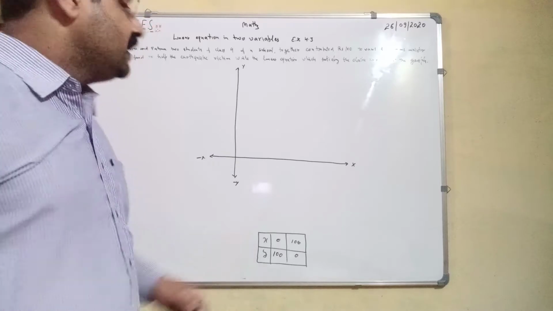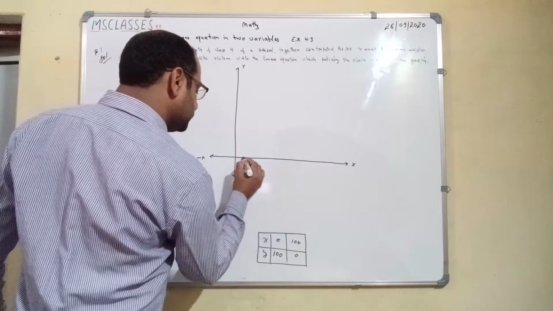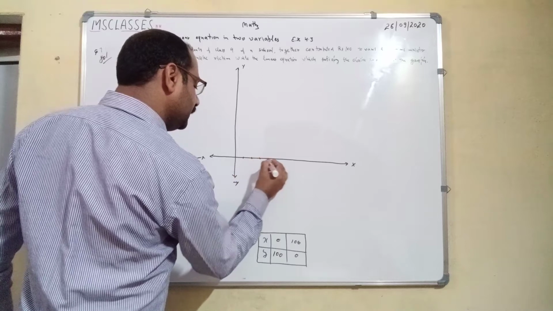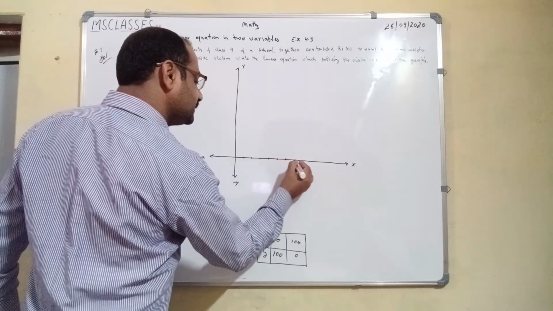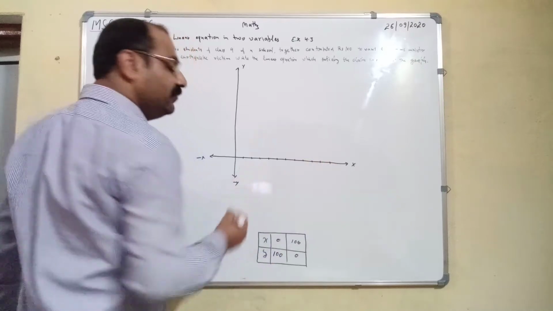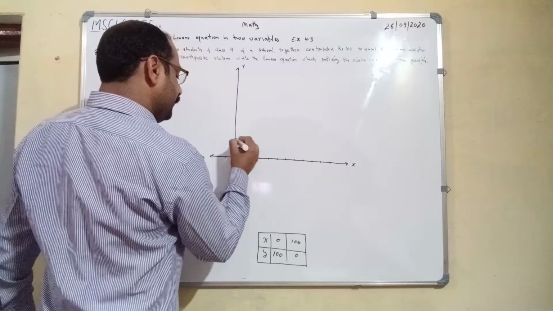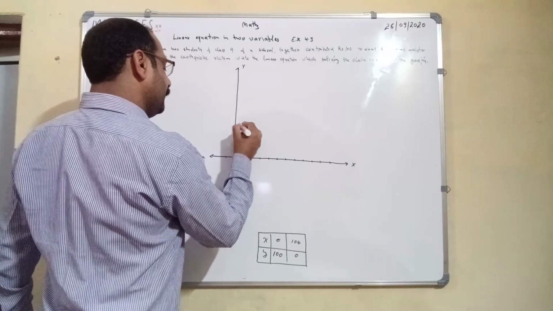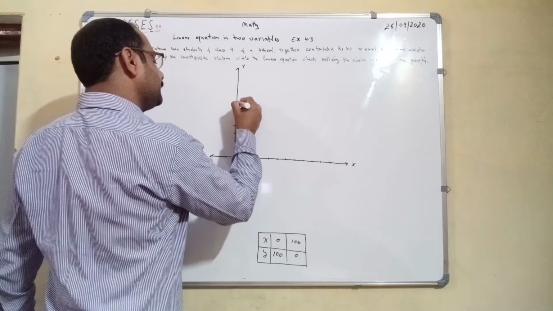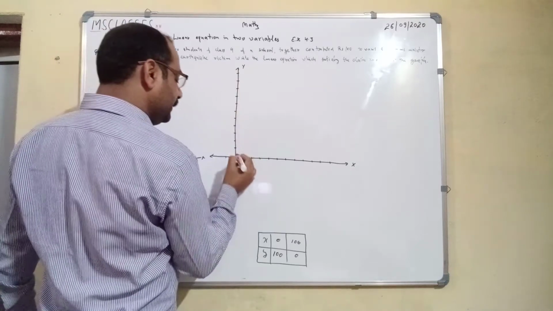Right. Now guys, we put the points. This is 1, 2, 3, 4, 5, 6, 7, 8, 9, 10, 11. All will be at equal distance. So minus 1, again 1, 2, 3, 4, 5, 6, 7, 8, 9, 10, 11. All will be positive.